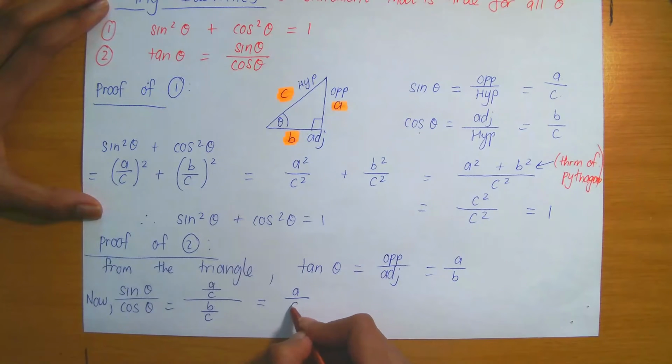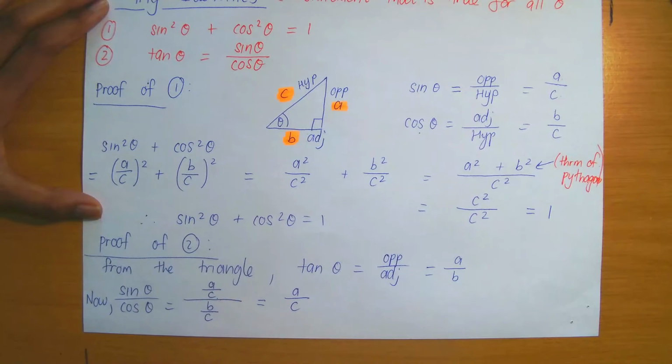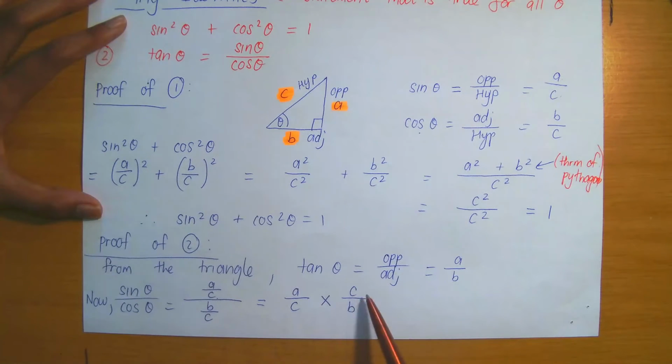So that tells me that A divided by C, which is then in turn divided by B divided by C, is equal to A divided by C times C divided by B. So I've inverted the fraction from the denominator and we've multiplied.